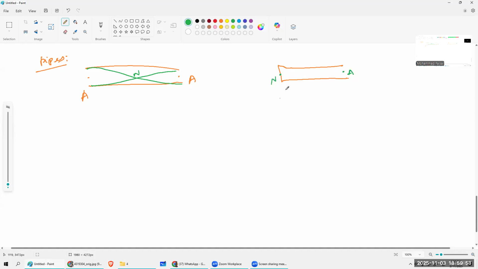So the first scenario that you can accommodate over here is just quarter of your wavelength, lambda by 4. I'll draw it again. Well, this is the biggest amount.